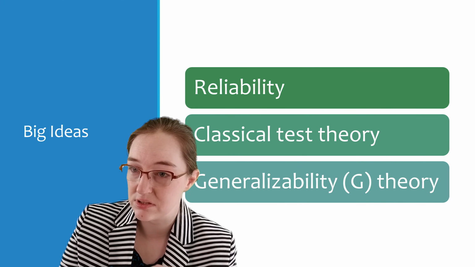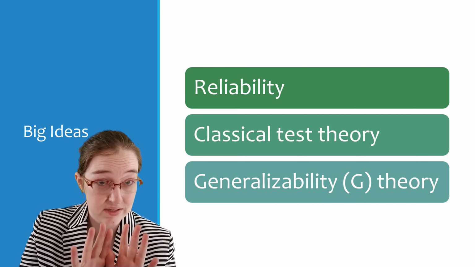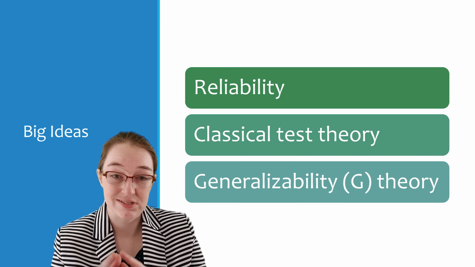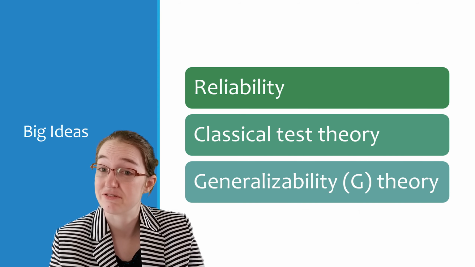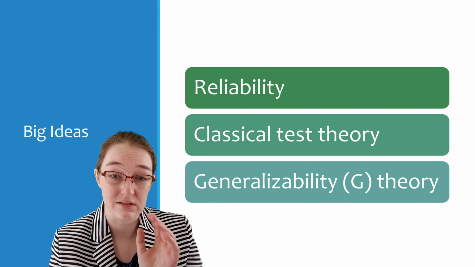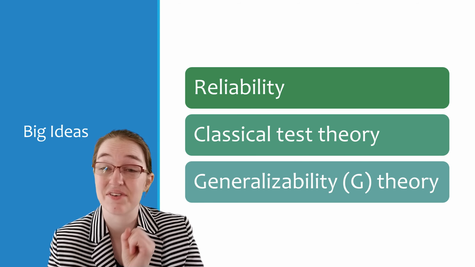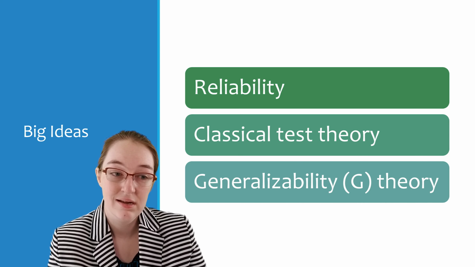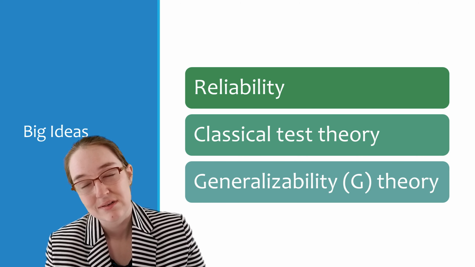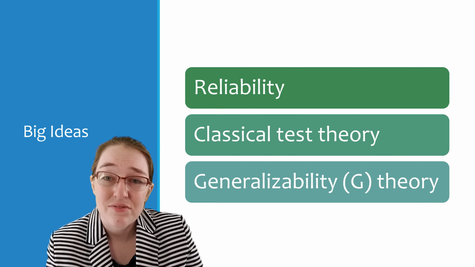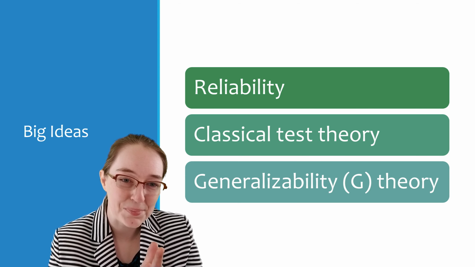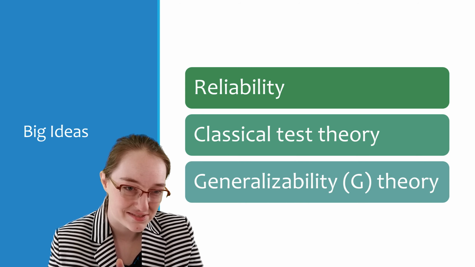So this module is going to introduce reliability within that framework of classical test theory, which we'll then extend to generalizability theory, and eventually in later modules, we're going to learn about reliability within the context of item response theory modeling. That's a slightly more modern innovation, probably 1930s, 1940s, super advanced techniques. But anyway, that's enough about the history.